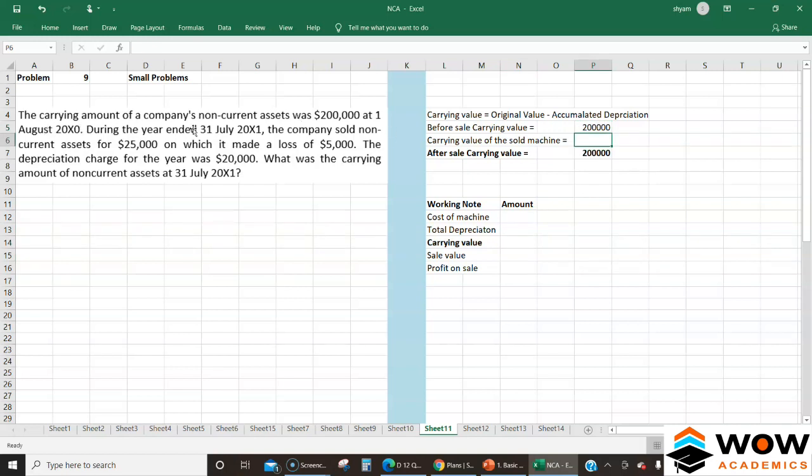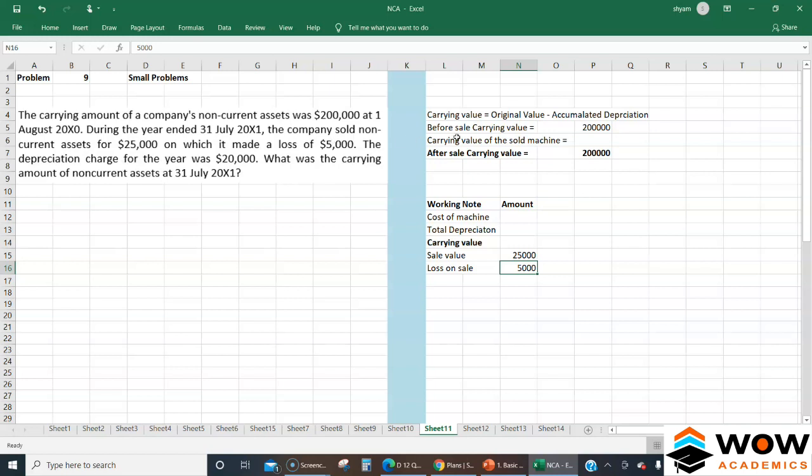During the year, the company sold a non-current asset for 25,000. So they have sold something for 25,000. That's the income. On which it made a loss of 5,000. The depreciation for the year was 20,000.